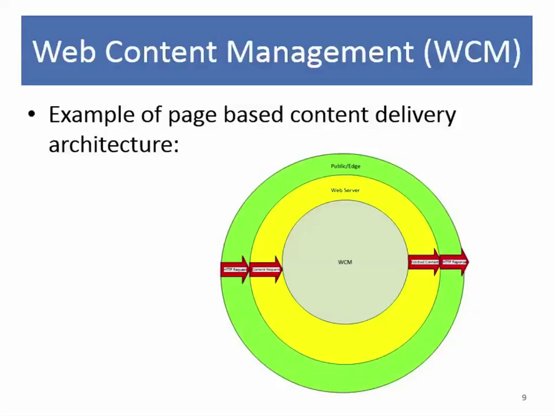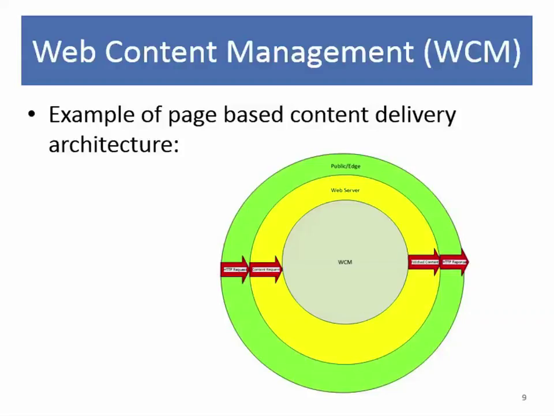The first step is from the outside, they have to make an HTTP request to the web server. That's one boundary they have to go through. The next is they have to go from the web server to the WCM store behind it in order to get their content. And then it has to be passed through those same boundaries again to get back out to the end user.